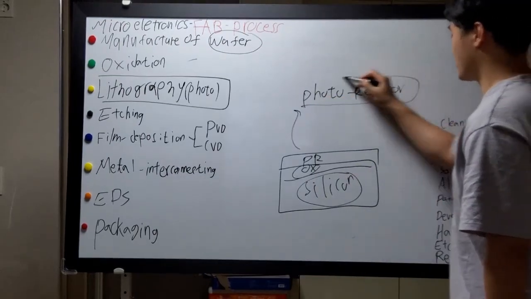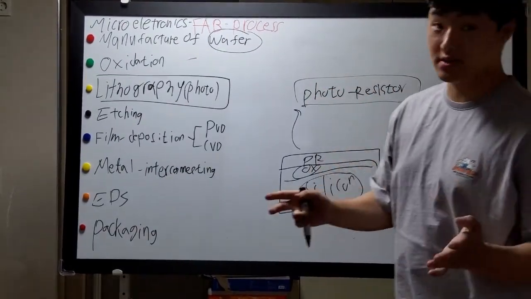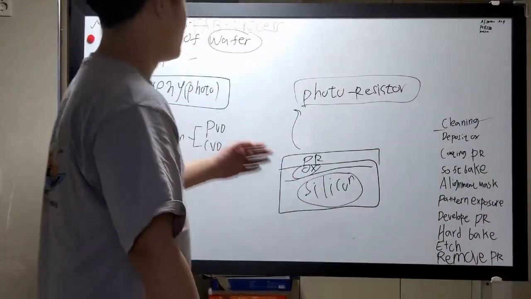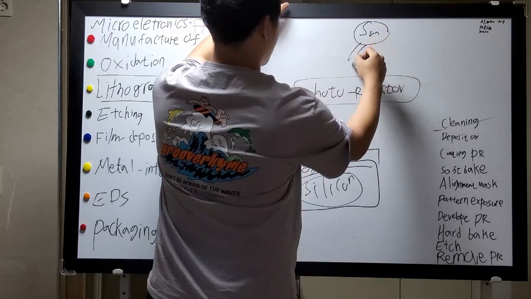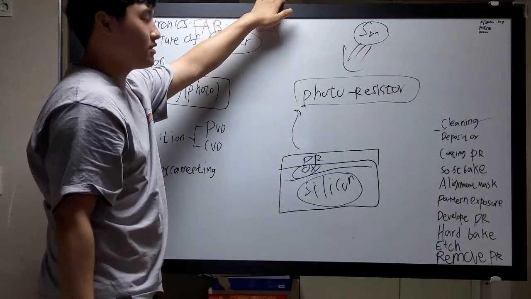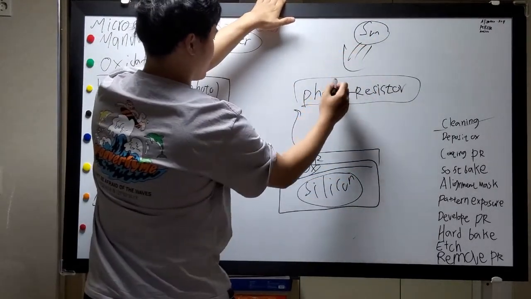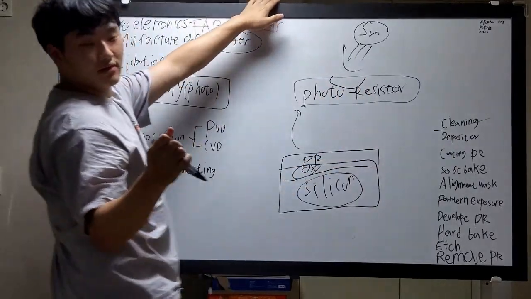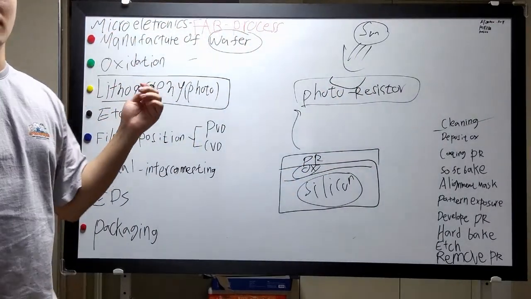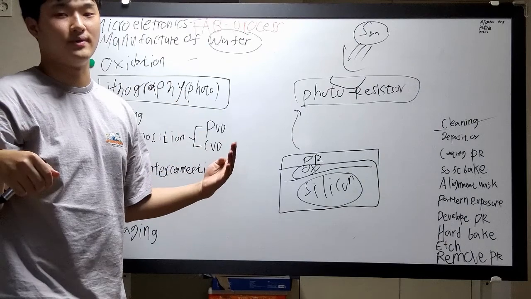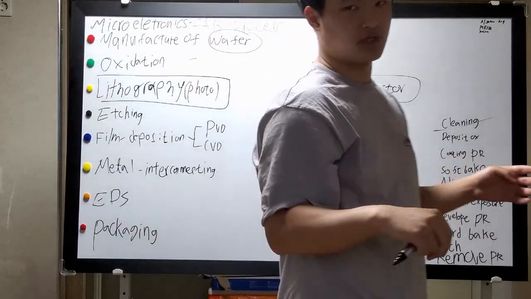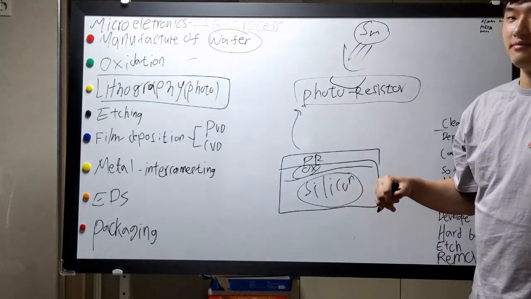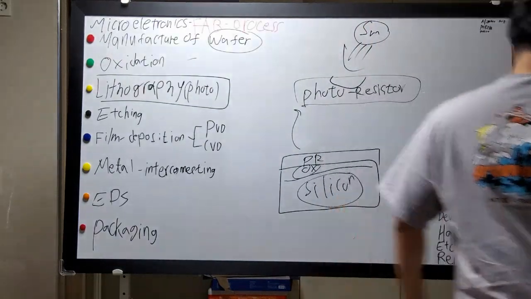The photoresist is reactive to light, so it means maybe there is sun shining, and this will react to the sun, and the part that just contacted the light will be changed chemically or physically.